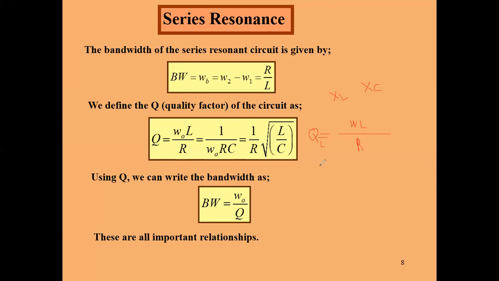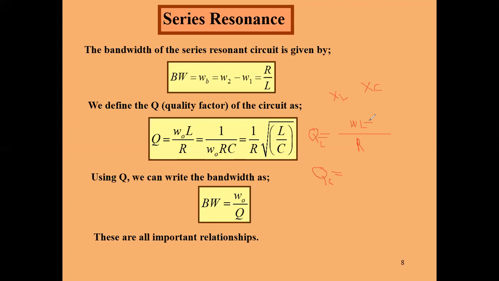The Q factor of this coil, or the quality factor of the coil, or we are calling it the inductor, and the Q factor of the capacitor. So we are denoting the Q factor of that capacitor as QC.